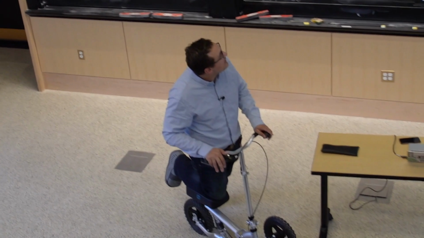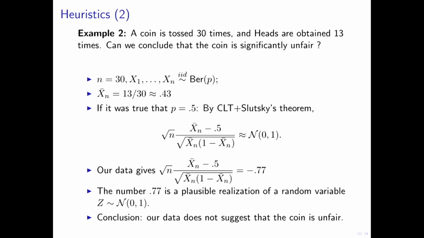Now here's a second example that you can think of. Now I toss the coin 30 times, still in the realm of the central limit theorem. I get 13 heads rather than 15. So I'm actually much closer to being exactly at half.